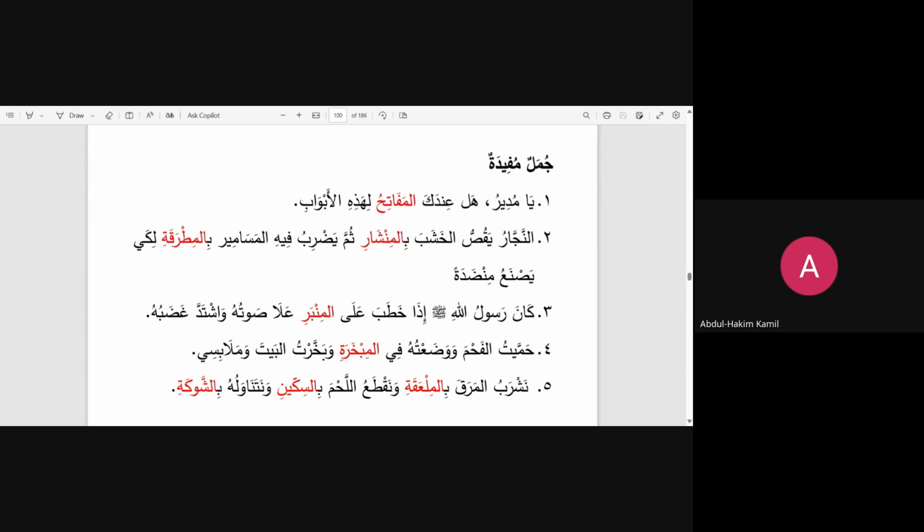Let's read it nice and clearly. النجار يقص الخشب بالمنشار. What does that mean? يقص الخشب, he cuts the wood, بالمنشار. What's the منشار? With a saw. منشار is a saw.